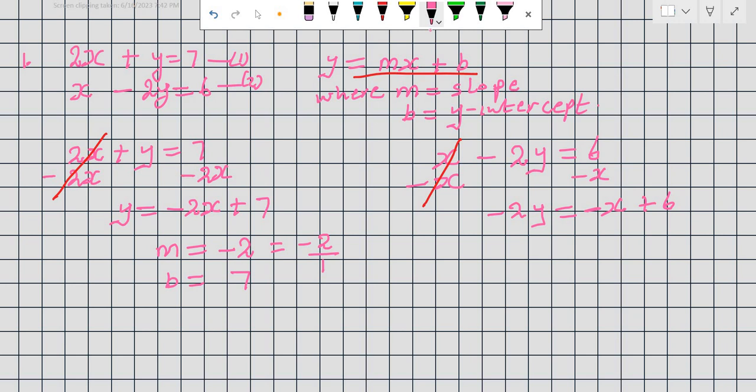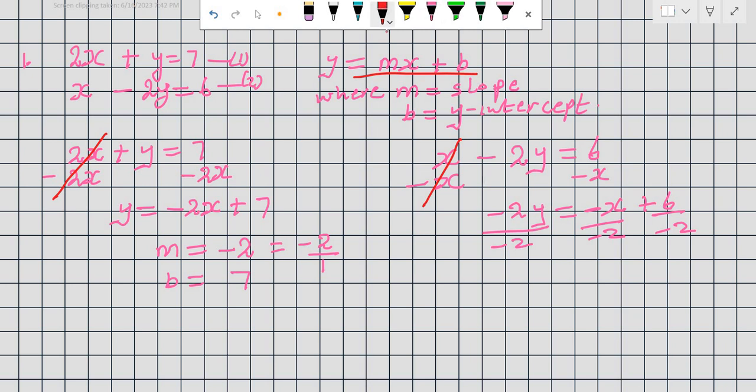So at this point, we are going to divide each term by the coefficient of y, because you can see that the coefficient of y is negative 2. So we are going to divide each term by negative 2. So divide this by negative 2, and then this by negative 2, and 6 by negative 2.